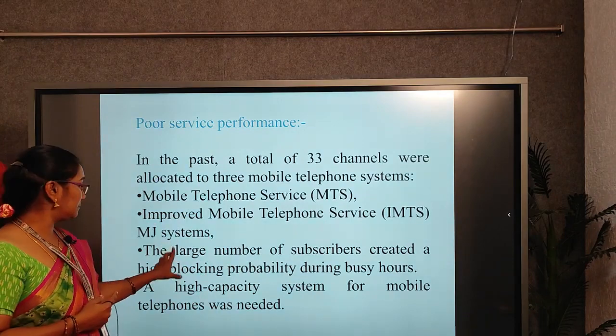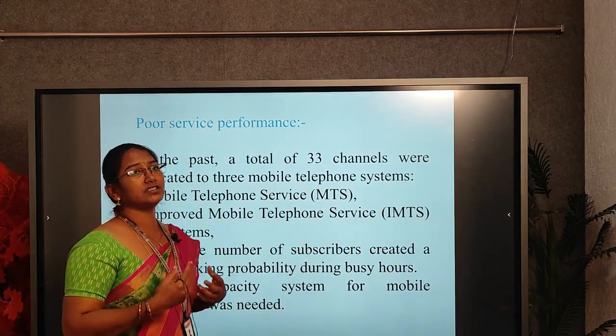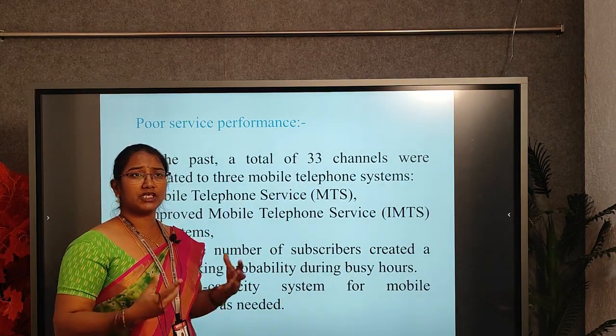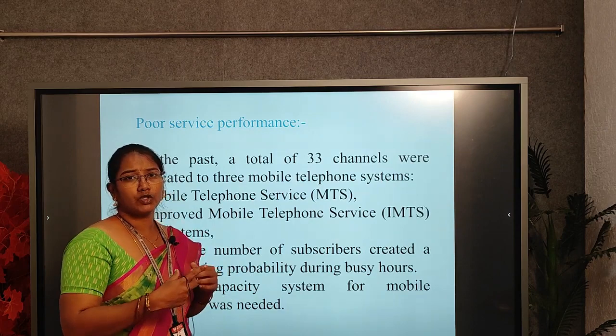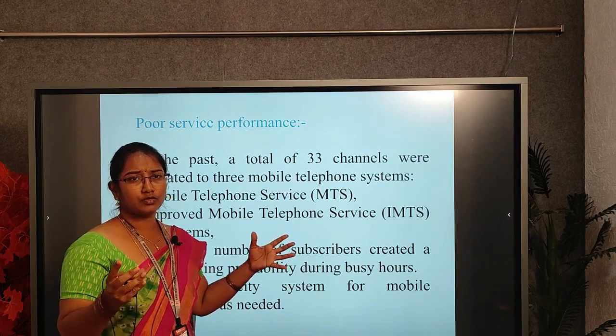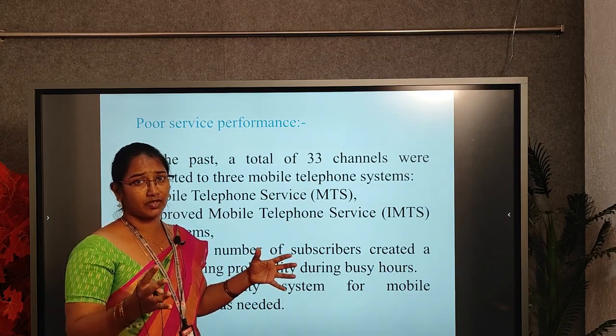Here comes the important point: the large number of subscribers. Whenever the signal is good, more subscribers will use that same network, meaning good cell coverage or a good signal.